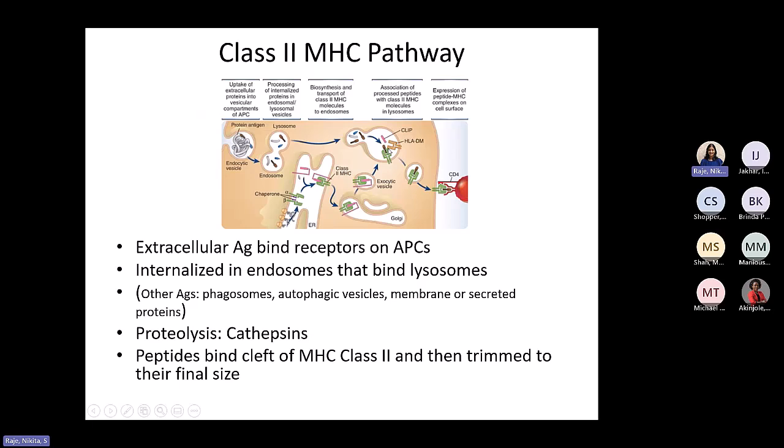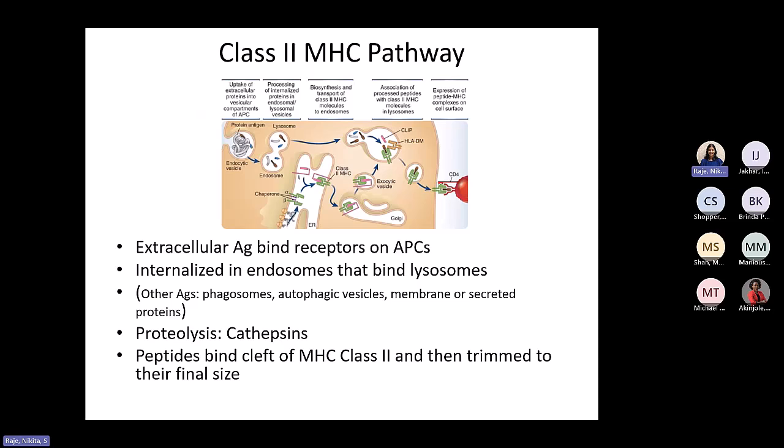Now the class 2 MHC molecule loaded with the peptide is going to be packaged into vesicles to go to the surface of the cell and express that on the surface and show off whatever came into the cell from outside, what it was able to capture, so that it can present that antigen or peptide to CD4 T cells.